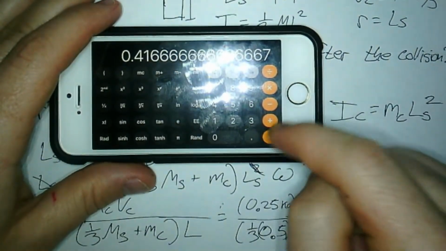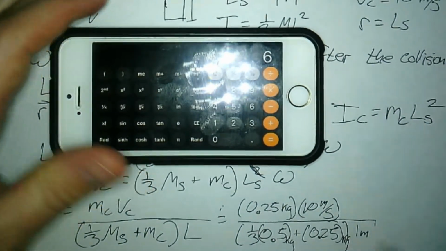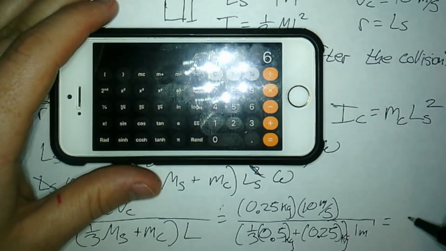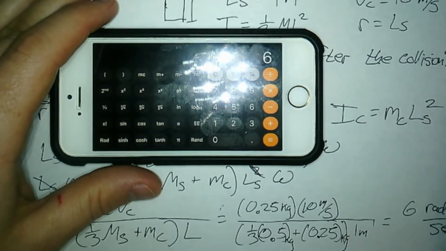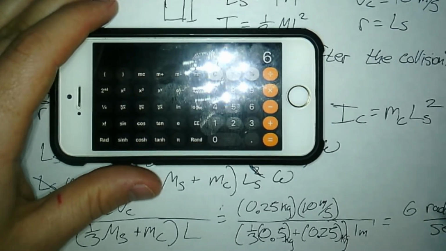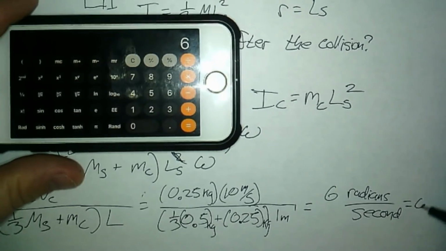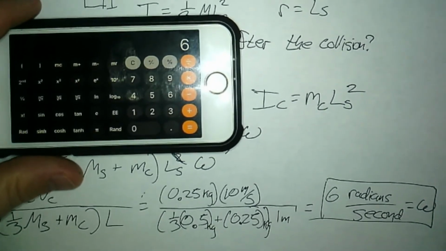I'm not going to bother multiplying by 1 because why would I? And that's equal to 6. So our final angular velocity is going to be 6 radians per second. Let me slide that to the side so you can see. Alright, that's it for this video, guys. I'll see you in the next one.